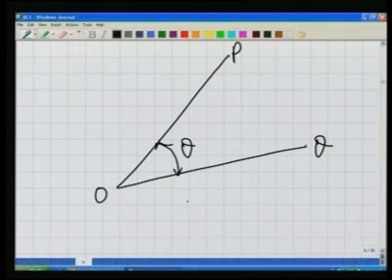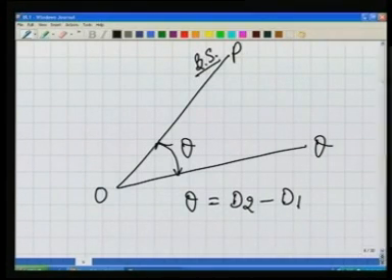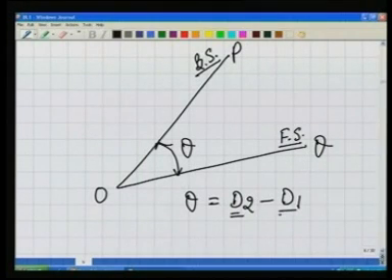How do we measure the angle theta? Theta is basically given by D2 minus D1. What is D2 and D1? We are taking a backsight at P, we are taking the foresight at Q, and D2 and D1 are the averages.